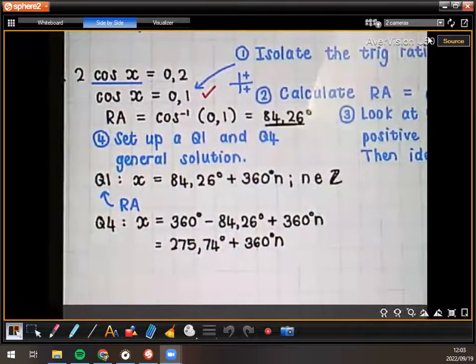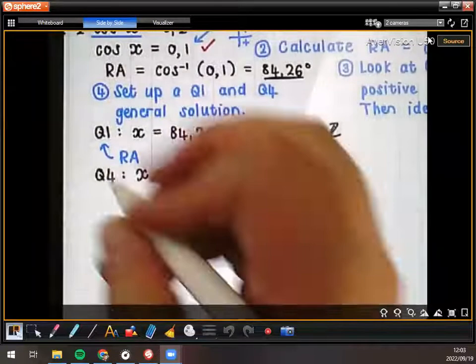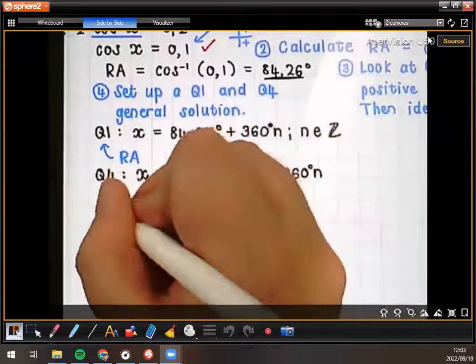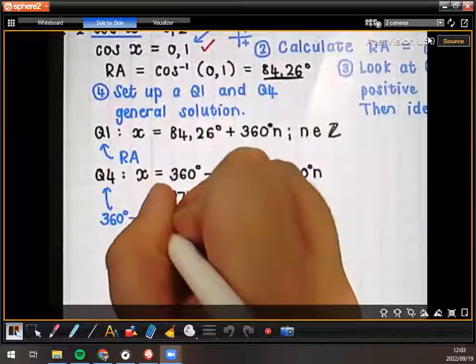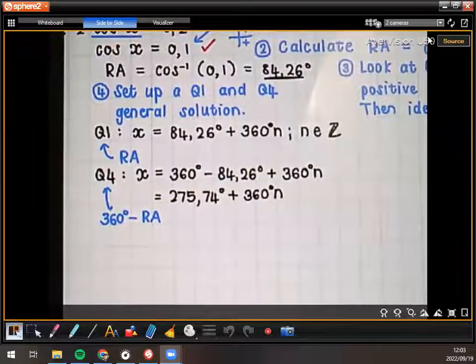So guys, for a quadrant 4 general solution, you always have to take 360 minus the reference angle. Always. If we have to do a quadrant 2 general solution, what do you think we're going to do? 180 minus.